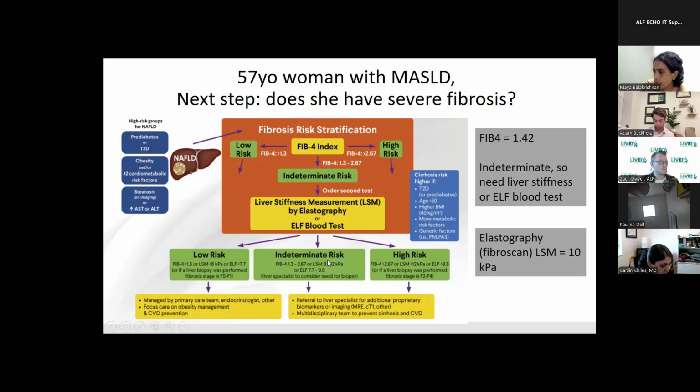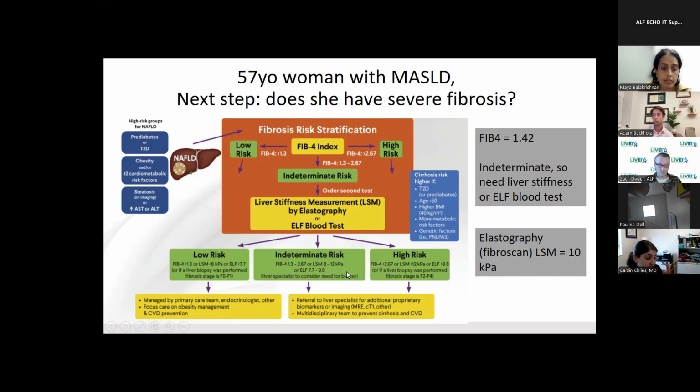So if we go through this algorithm, a liver stiffness measurement less than 8 means someone is unlikely to have severe fibrosis. A liver stiffness measurement of more than 12 makes it more likely that they have severe fibrosis. A liver stiffness measurement between 8 and 12 means you don't know.